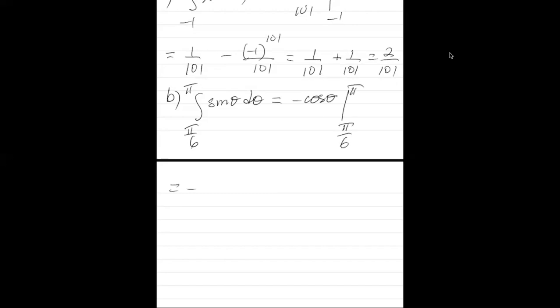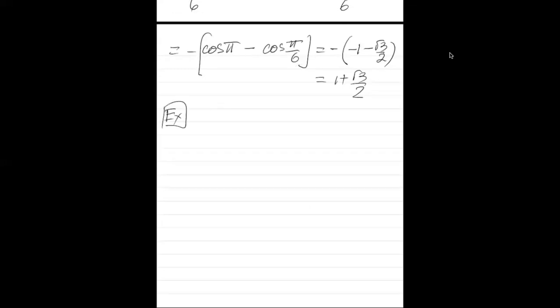So that is equal to negative cosine of pi. I'm going to pull the negative sign out here and then do my evaluation minus cosine of pi over 6. That is equal to negative cosine of pi, which is negative 1, minus cosine of pi over 6, which is root 3 over 2. So after we distribute, it is 1 plus root 3 over 2.